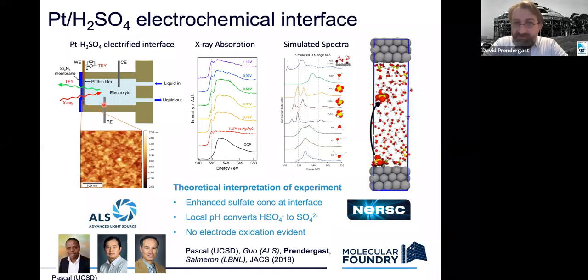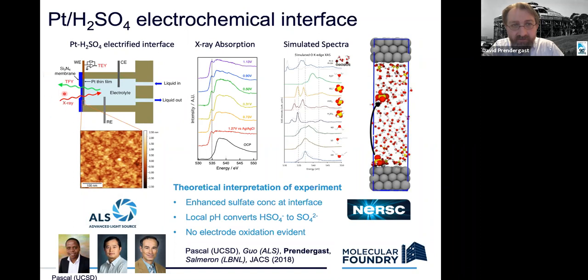For sure, it's difficult, and the experiment itself was a really challenging experiment to realize. We're only in the last 5 years or so figuring out how to do experiments that are extremely interfacially sensitive. I didn't talk about the experimental detail, but on the left-hand side, this is what the experimental setup looks like.